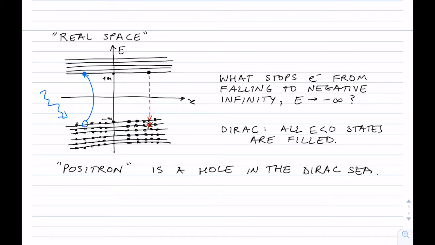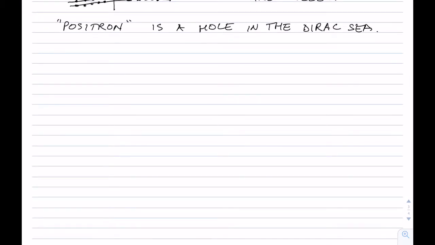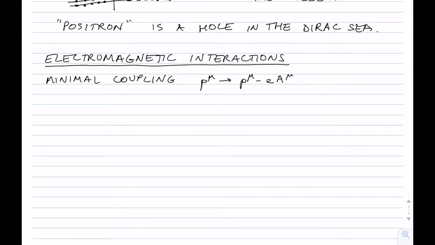Okay, next thing we want to do is look at electromagnetic interactions. In minimal coupling, we would then write that the momentum is now got to be written in the covariant momentum way, just like we did with the Klein-Gordon equation.